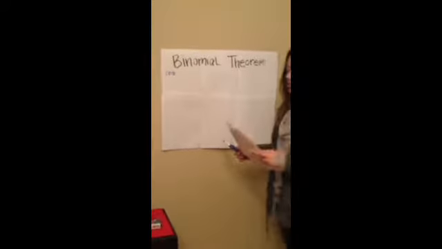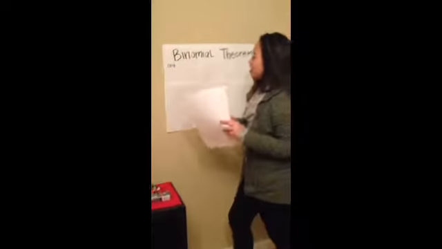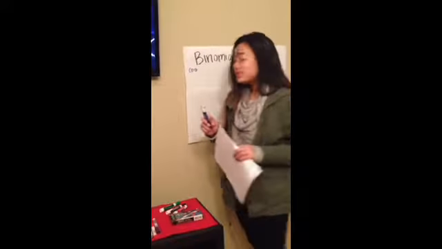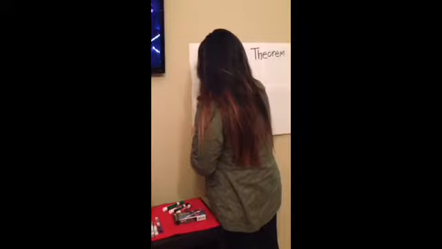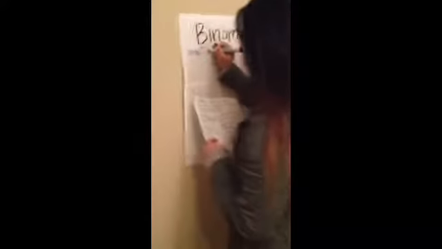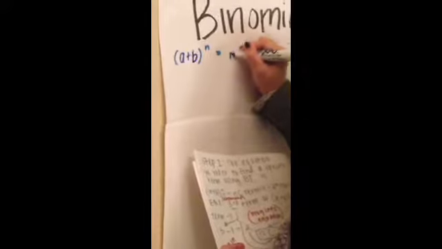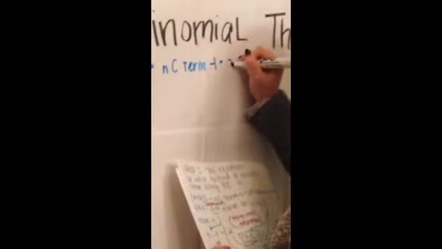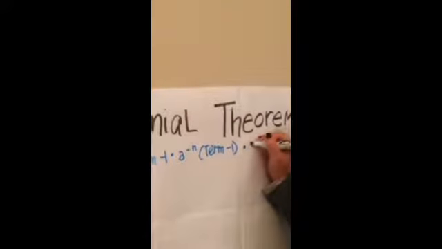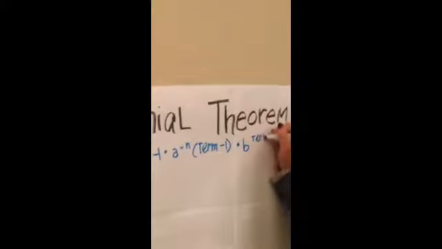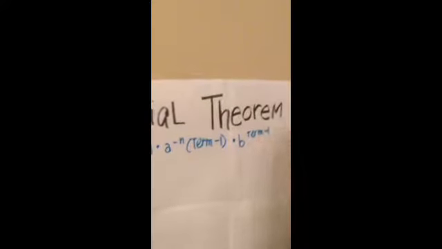a specific term using the binomial theorem. So what you want to do first is you're going to go off of an equation, which is (a + b)^n equals nC(term - 1) times a^(n - (term - 1)) times b^(term - 1).